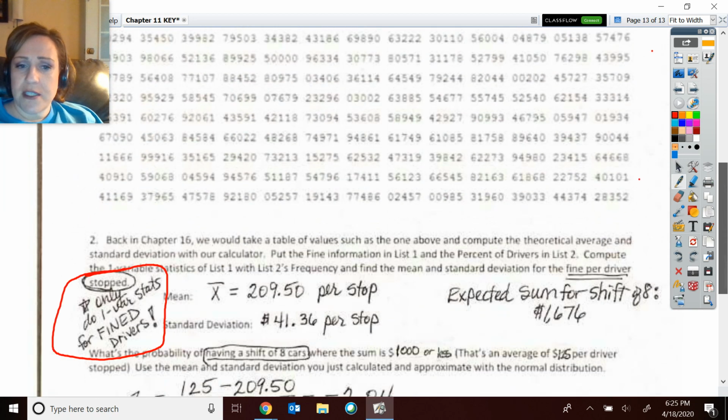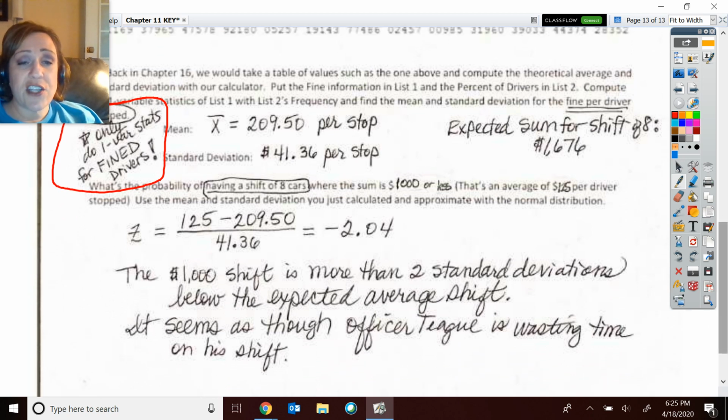And then we come on down here, and the standard deviation was 41.36. So what's the probability of having that shift of 8 cars where the sum was 1,000 or less? I told you that's an average of 125 per car. So the officer had gotten on average 125 per car. What did that come out to be?